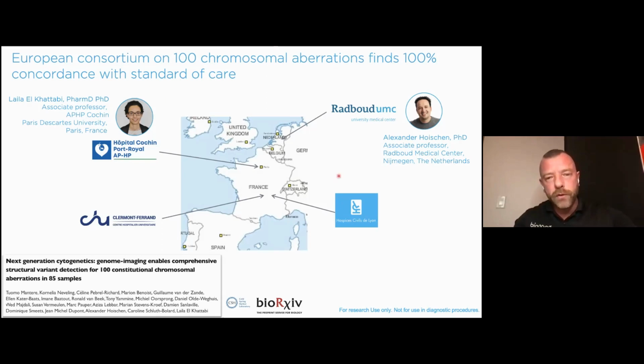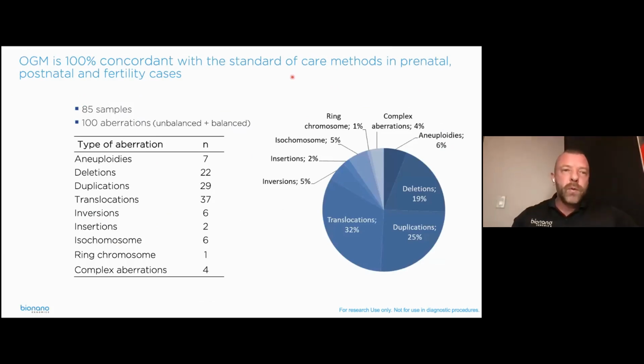This is a collaboration between 3 groups in France and a Radboud Center in the Netherlands. And what they found was 100% concordance with the standard of care methods, and that is karyotyping, FISH sometimes, and chromosomal microarray. And all of these different types of structural variants were all detected by Sapphire without exception.